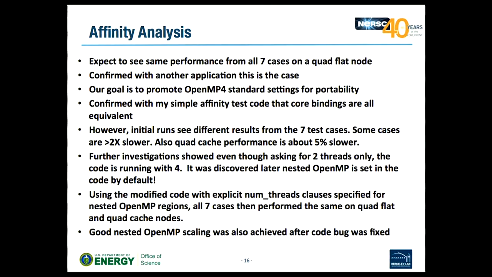After careful investigation, it seems that for this source code, even if you're asking for 2 threads, it's running with 4. So now we think something is wrong in the source code. Then checking the source code, we finally find the bug: in the source code they had set nested OpenMP on by default.